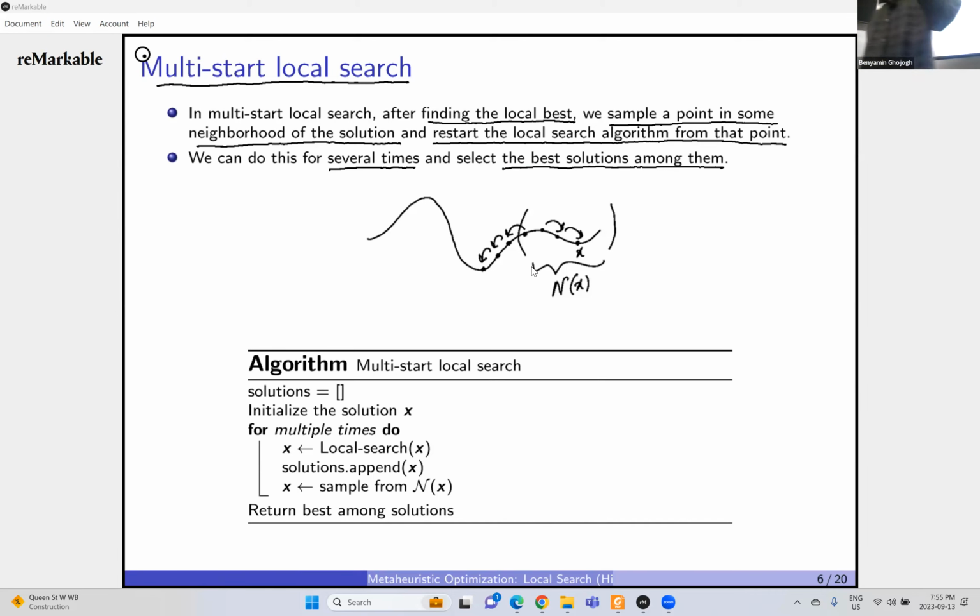The local search gave me some solution, and I start another local search algorithm with the initialization of a neighborhood of that solution. Is it clear? So simply it says that we do this multiple times; the more times, the more accurate it might be.